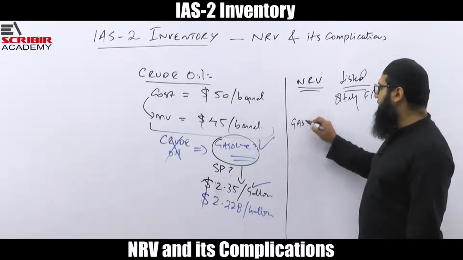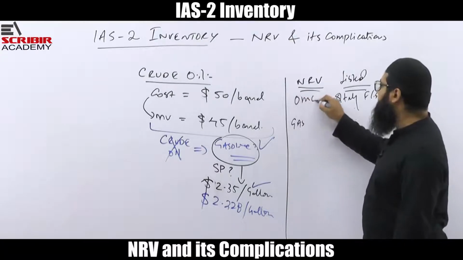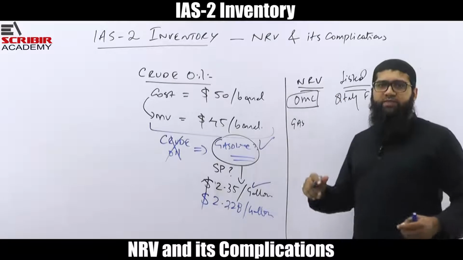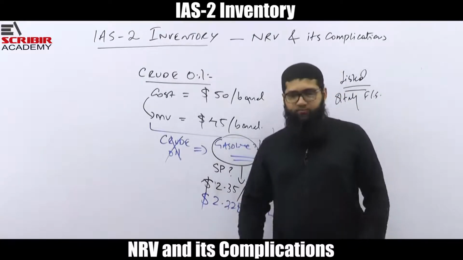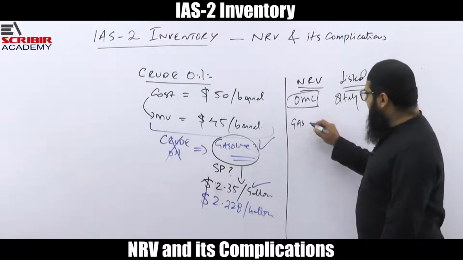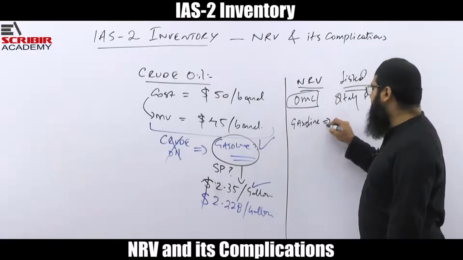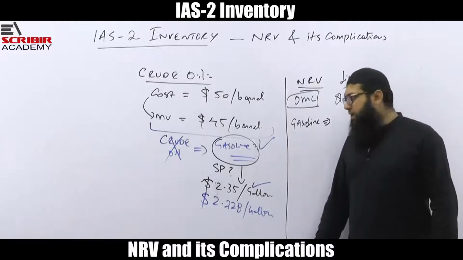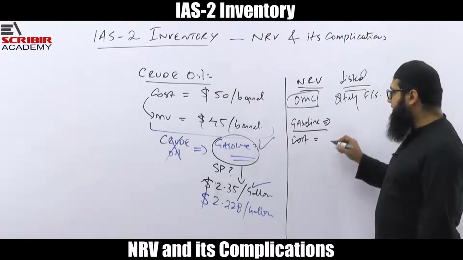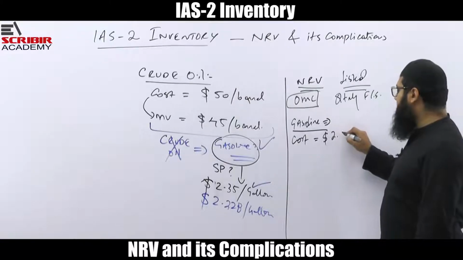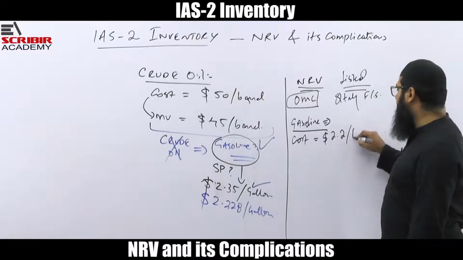What do you mean by oil marketing companies? Companies like Shell; they sell oil. So assume that Shell had reserves of gasoline, and the cost incurred to buy it was, let's say, $2.2 a gallon.